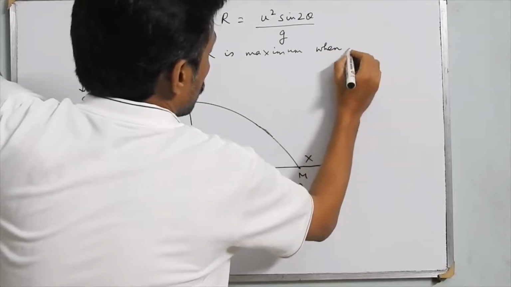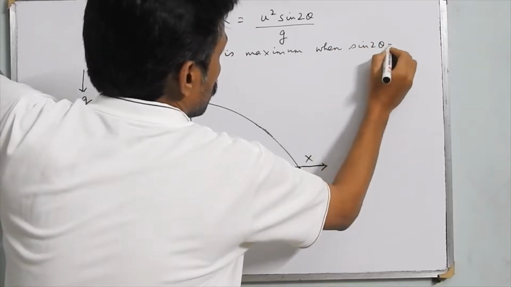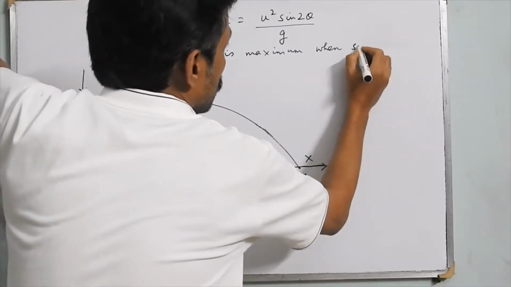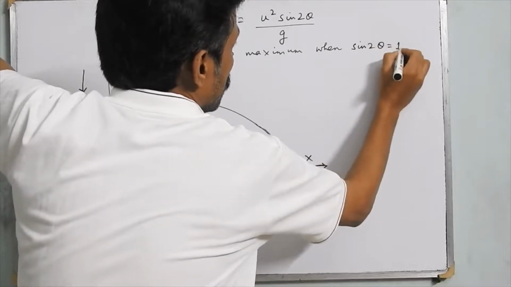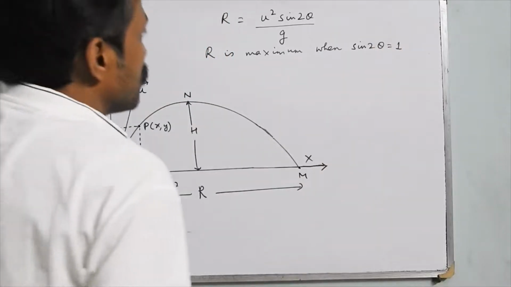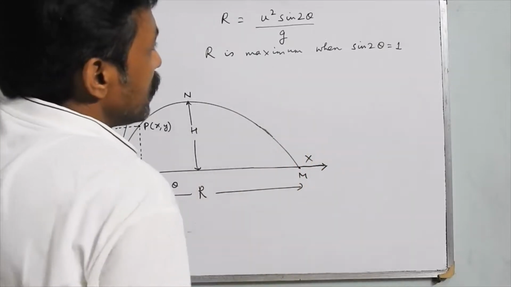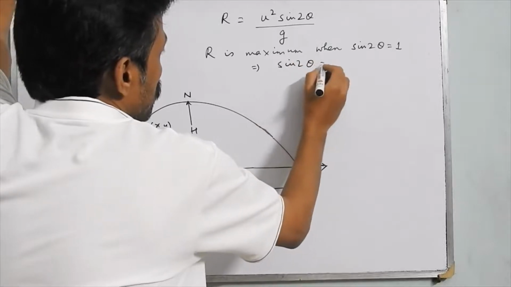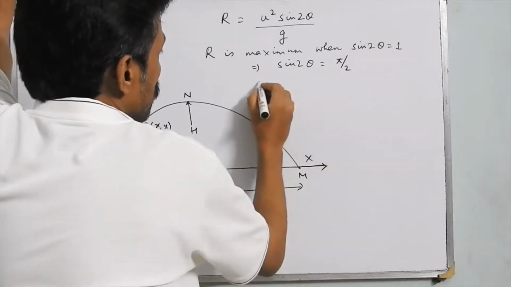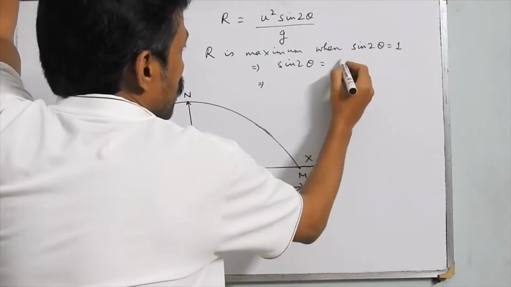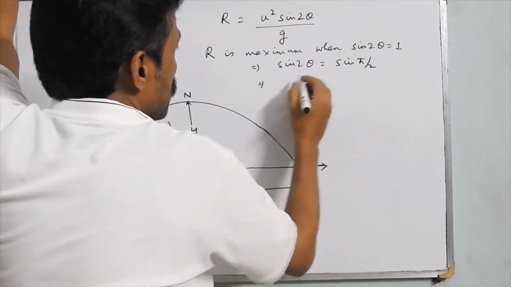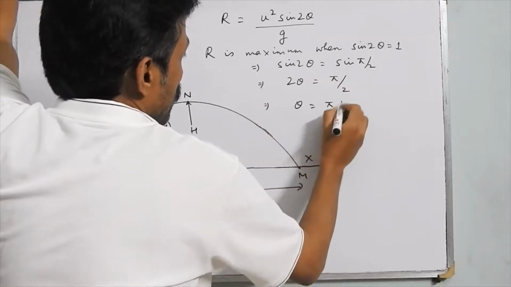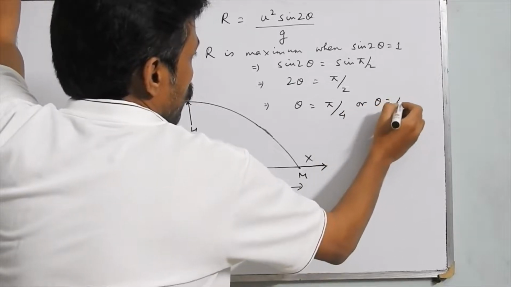When sin 2 theta is 1, you get the maximum value of r, because the maximum value of sin 2 theta is 1. So sin 2 theta is sin pi by 2, which means 2 theta is pi by 2, or theta is pi by 4 radians, or theta is 45 degrees.